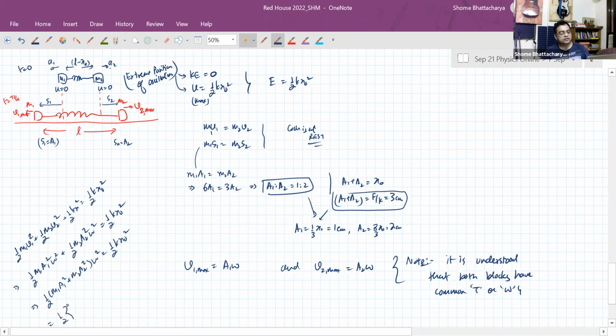Now you'll remember that A1 was basically M2 upon M1 plus M2 x naught. And A2 was M1 upon M1 plus M2 x naught. If you just do this from here itself, you'll be able to show that your omega is square root of k divided by reduced mass.